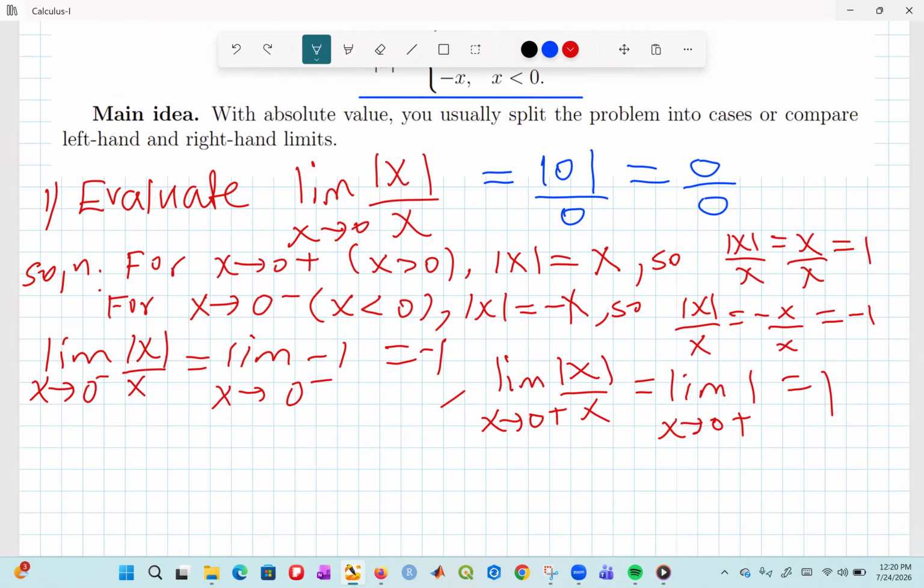So the two side limits are different. So the limit of absolute value of x over x as x approaches 0 does not exist.